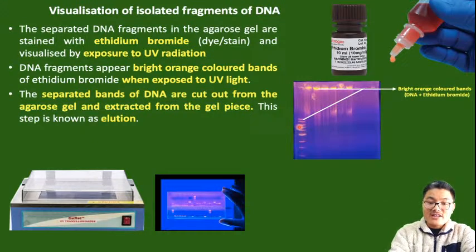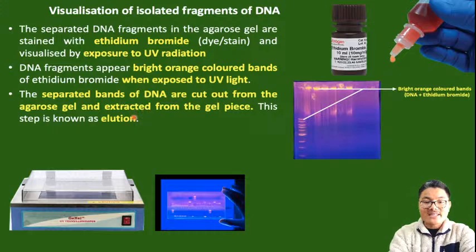Here the process of cutting the gel and extracting or isolating the gene of interest or DNA fragment that we require is known as elution. So we can say that elution is a process.